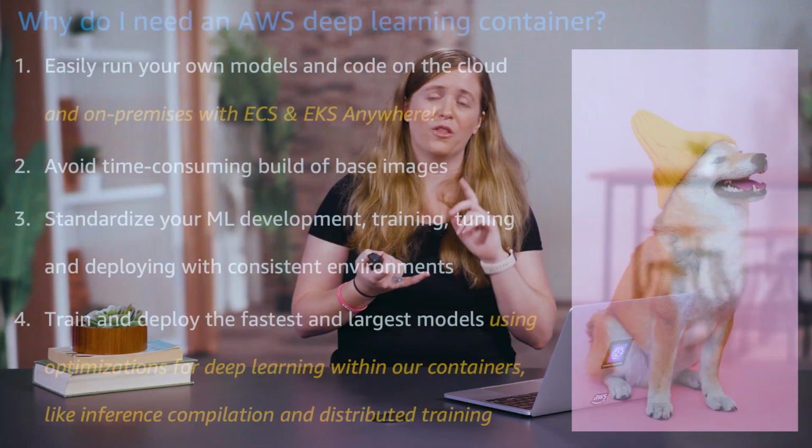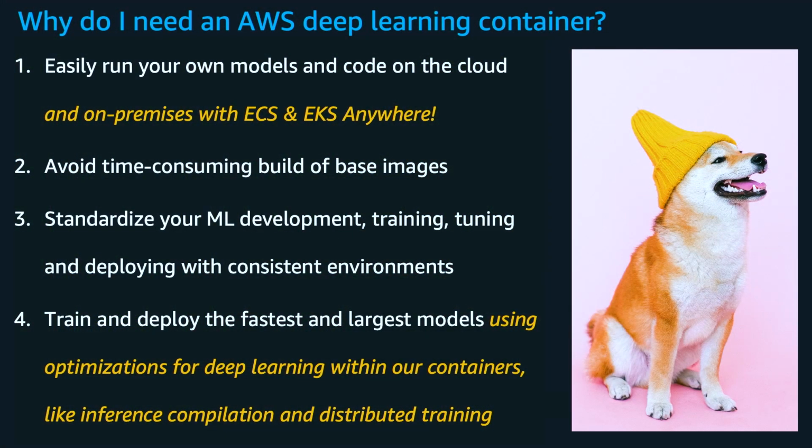Now, the question is, why do I need this thing? Like, what's the core value add that these deep learning containers are providing? So the first value add is that writing your code in a deep learning container lets you run your code on the cloud, right?